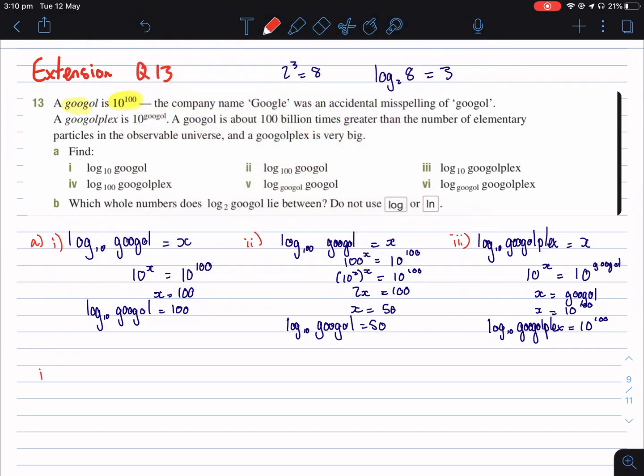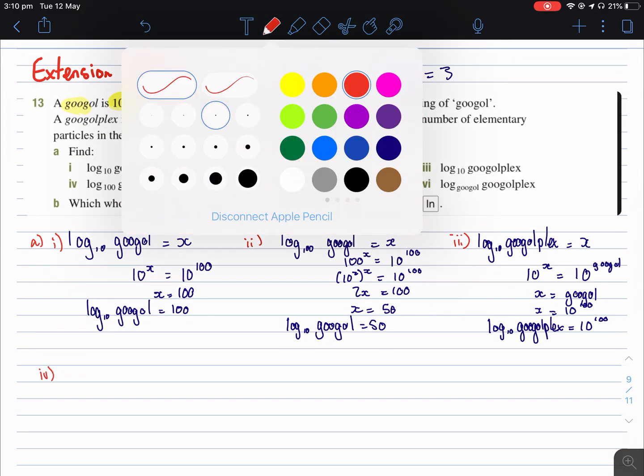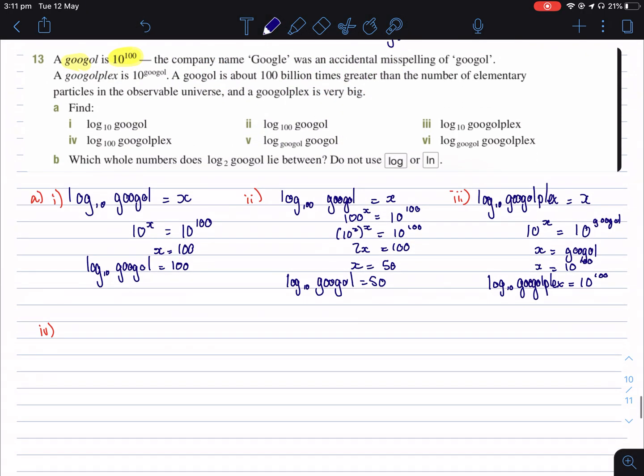Question 4. We want to find the log base 100 of a googolplex, so we're going to do this really similarly. Say equals x, which means 100 to the x equals a googolplex, which is 10 to the 10 to the 100.